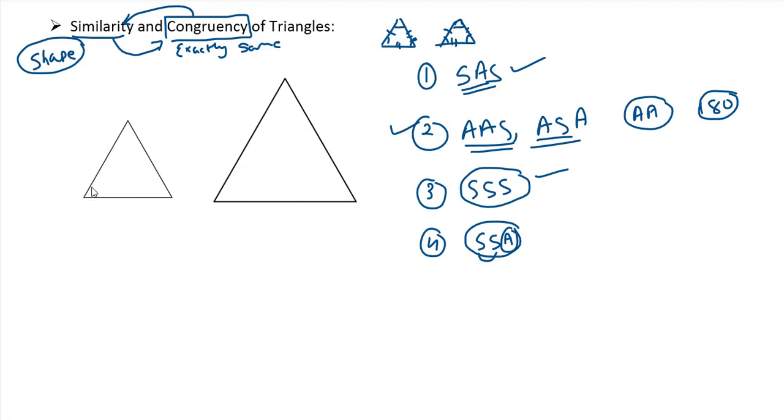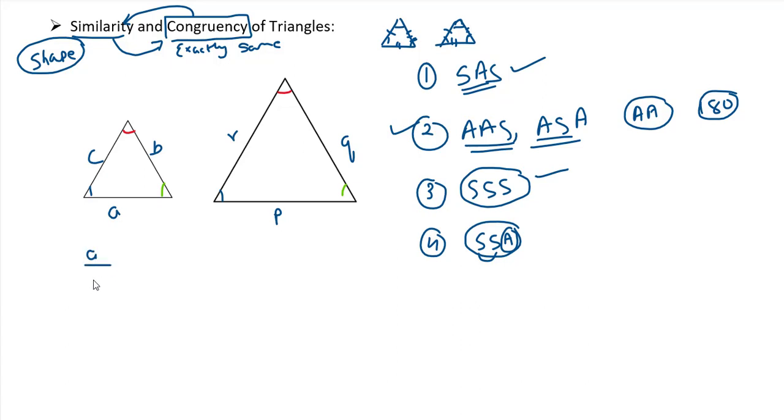Let us say this angle is equal to this angle, this angle is equal to this angle, and this angle is equal to this angle. Let's name the sides. Let's say this is A, B, C, this is P, Q, R. So for proportional side, how do we take the ratio of proportional side? We take the two equal angles and write down the ratios of the sides opposite to them.